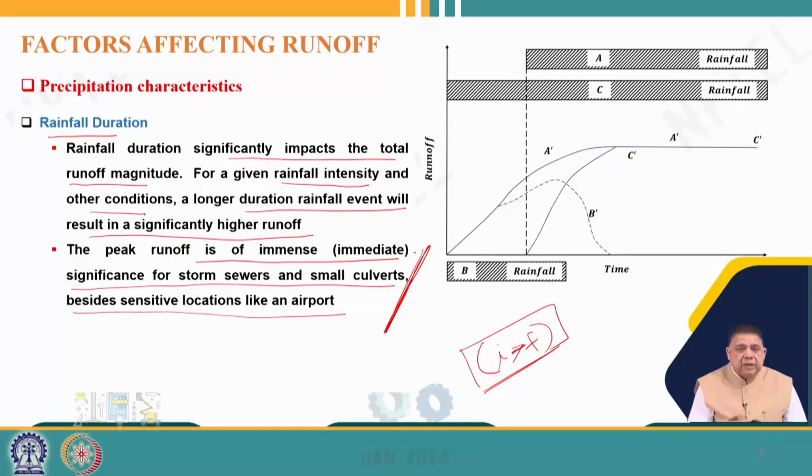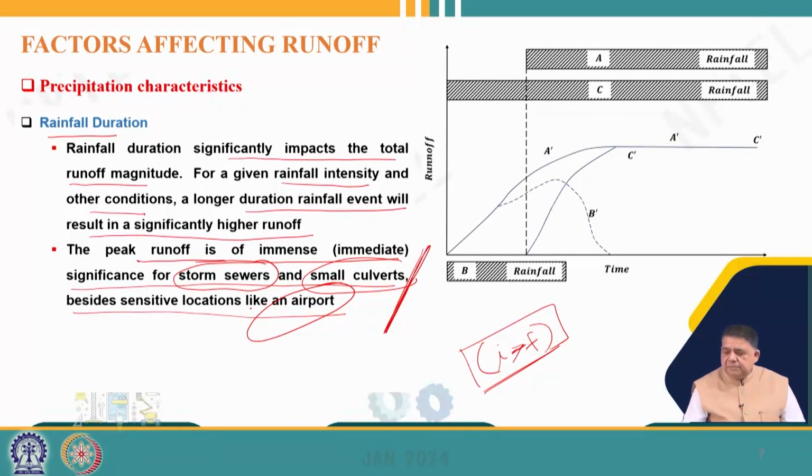If it is a discharge disposal structure, then of course the peak runoff is very important, because the capacity of storm sewers or culverts, so that the flow water could be carried smoothly, will be governed by that. And also sensitive locations like airports, which cannot sustain water retention on the surface. So, for them also this is very important.